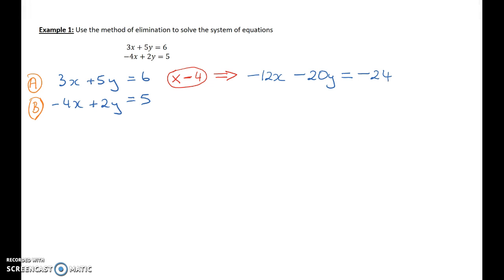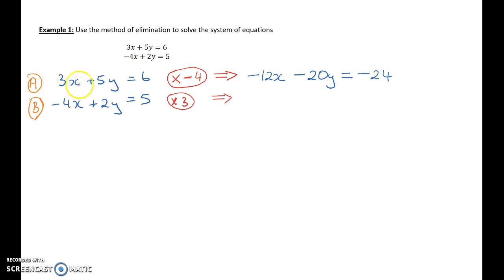The third step is to multiply everything in equation B by whatever was in front of the x in the original first line, in this case a 3. It's a little confusing, but basically you multiply each line by the coefficient of x in the other line.